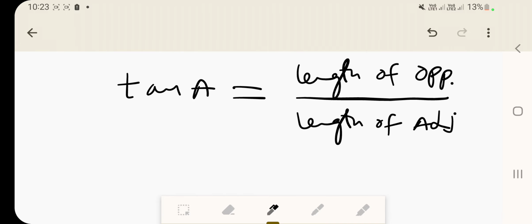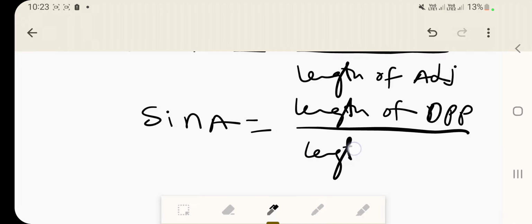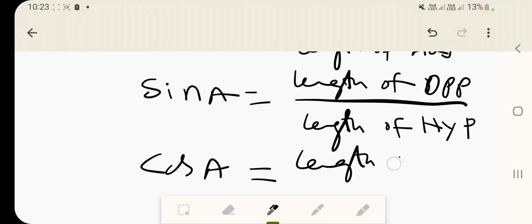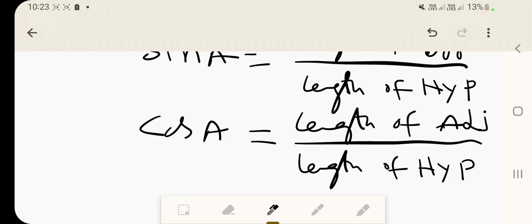We have seen already that sine A is the length of the opposite side divided by the length of the hypotenuse, whereas cos A is the length of the adjacent side to angle A divided by the length of the hypotenuse.